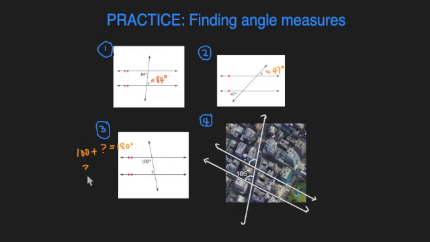This means that question mark has to be equal to 180 minus 100 degrees, which is equal to 80 degrees. Number 4, these are corresponding angles, so they have to be equal, which means that this angle right here is 105 degrees as well.